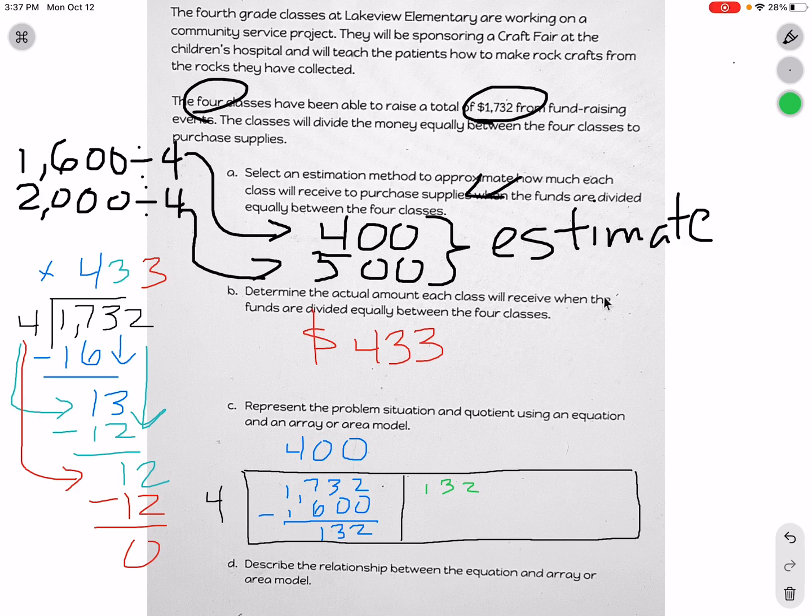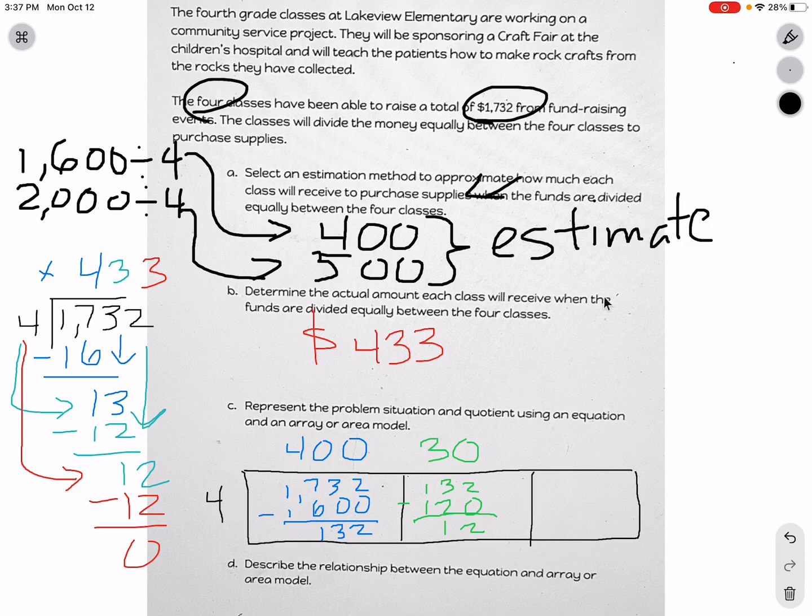We put a 3 in the tens place, so we know that 30 will go into this. And we know that 30 times 4 is 120. 2 minus 0 is 2, 3 minus 2 is 1, and we're left with 12.